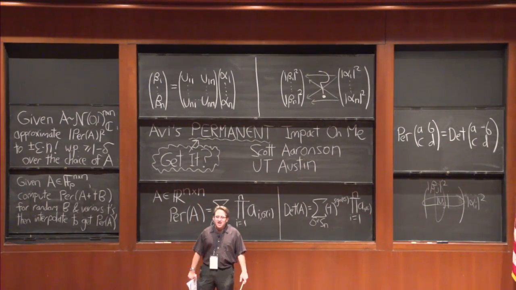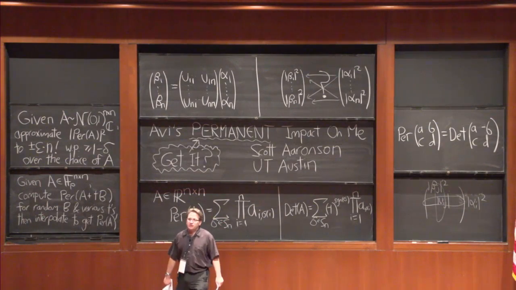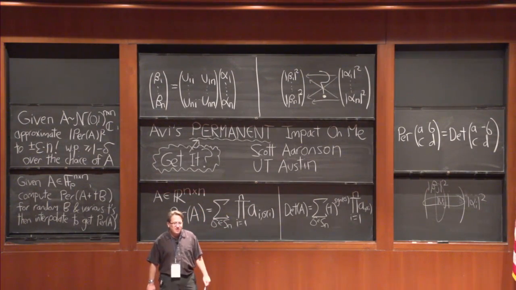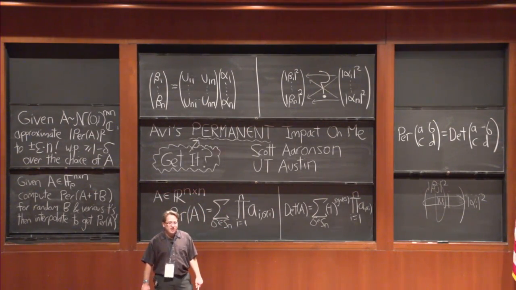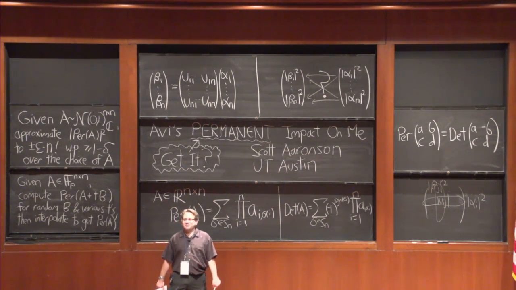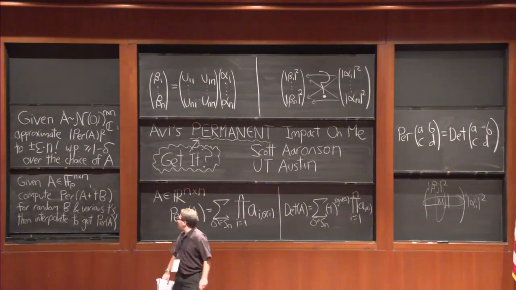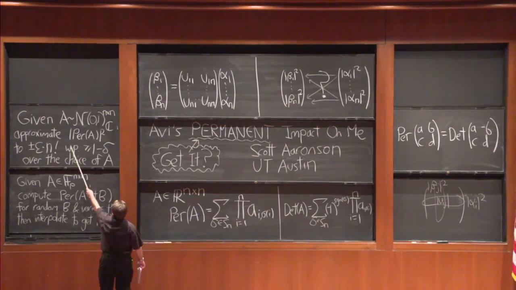You could say that is the physically more relevant question. Unfortunately, we were not able to prove that stronger statement. We were able to prove that it would follow if a certain problem that we think should be sharp P complete really is sharp P complete. And that problem, I wrote it up here.